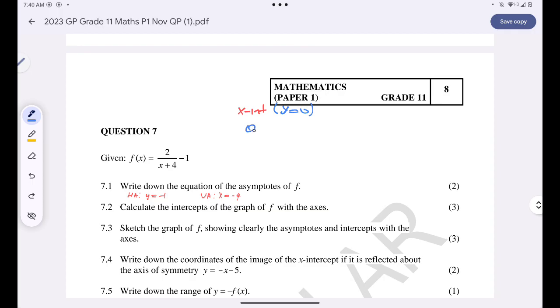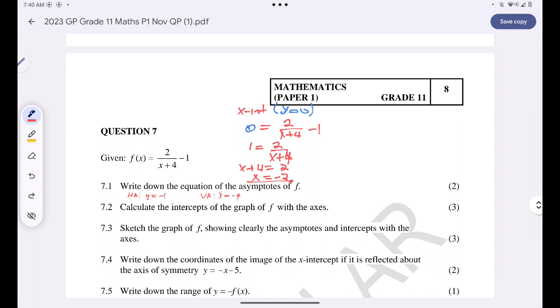That means I have 0 here, and I'll still have 2 over x plus 4 minus 1. Then whenever I take the 1 to the other side, I'll have a positive 1 is equal to 2 over x plus 4. Multiply every term by the LCD. x plus 4 is 2, then x is equal to -2.